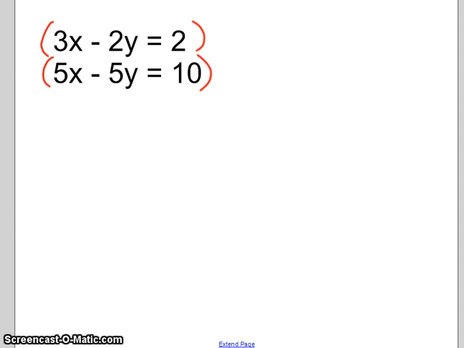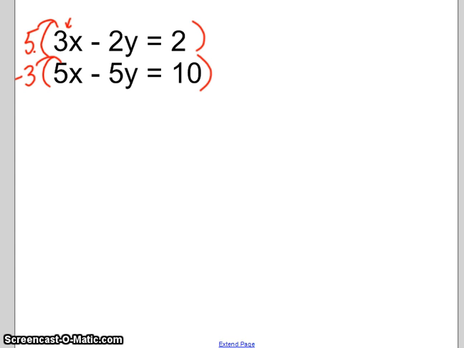What that means is I'm going to multiply this equation by 3, because I have 3x in the other problem, and I'm going to multiply this one by 5. That will give me 15 here and 15 here. The only problem is they're both positive, so I want to make one negative. I'm going to make the second one negative, so I'm going to multiply by negative 3.